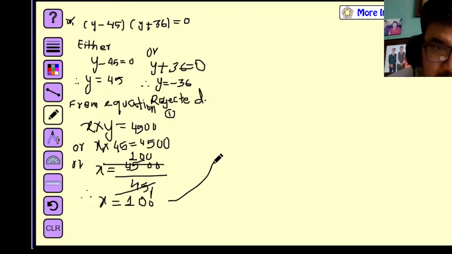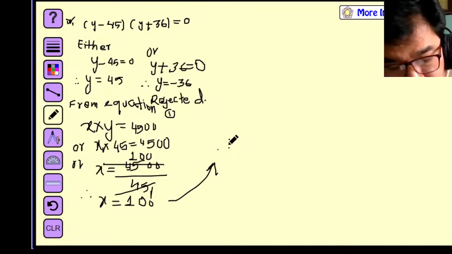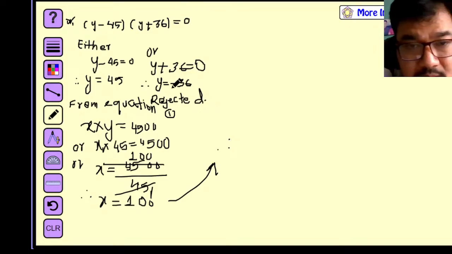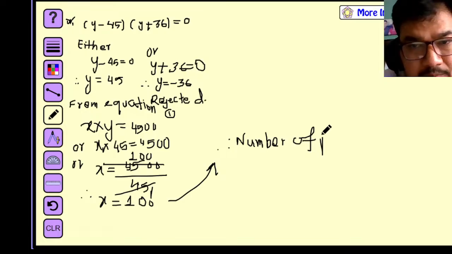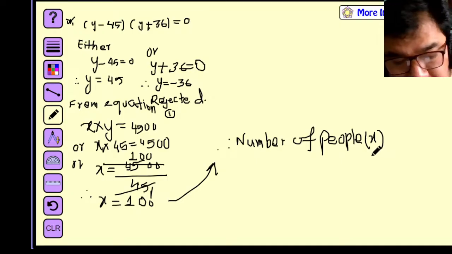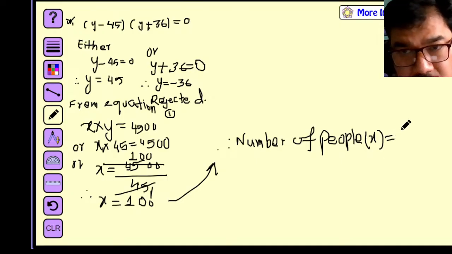The value of x is 100 and the value of y is 45. That means, in conclusion, in this question, the number of people among which the money was distributed, the number of people that we have supposed as x. Number of people were 45, okay, 45 people were there, this answer.